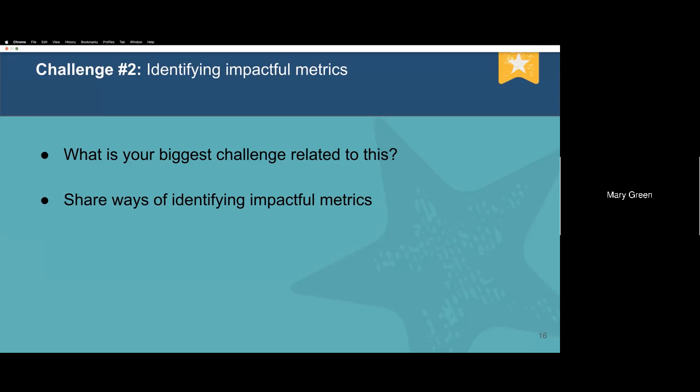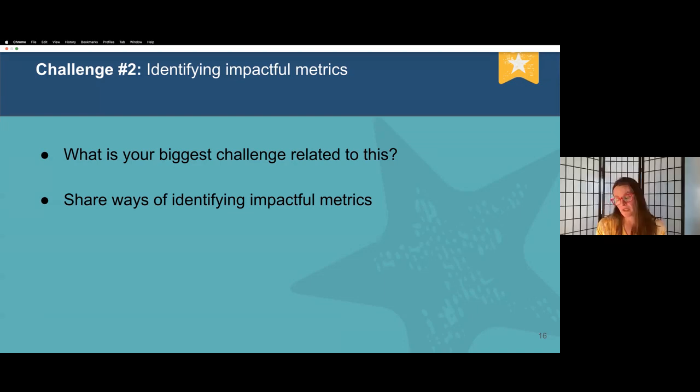Are you asking about identifying the impactful metrics from the point of having a case study and sharing that internally, or in the actual customer story? That's a great question. Again, the survey didn't have that level of nuance, so people would have answered it however it resonated with them.